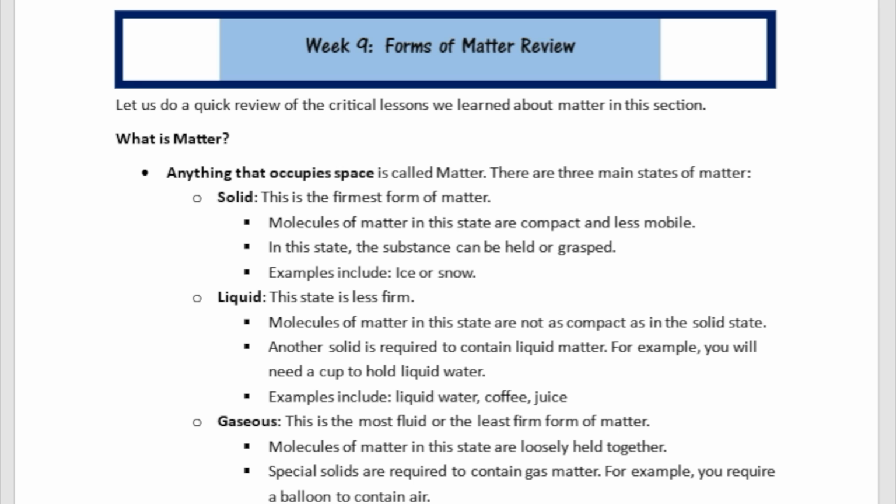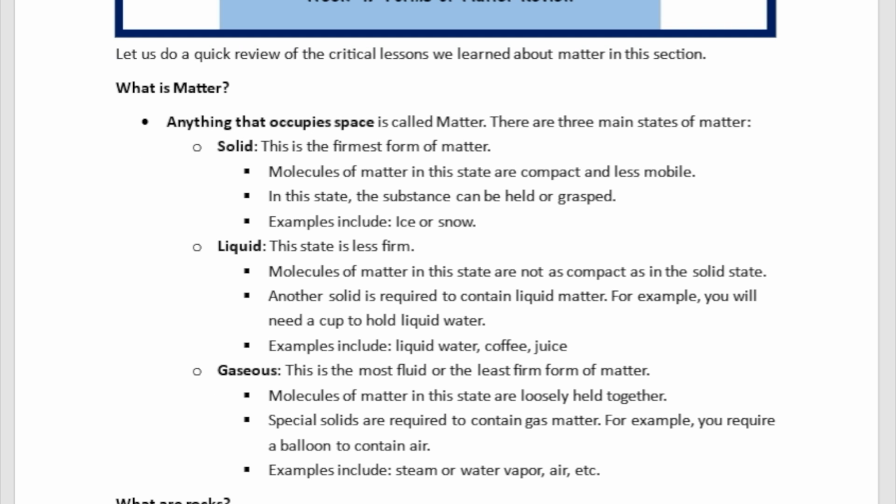Okay, so just a quick overview of what we talked about in this unit of the curriculum. So you have an exercise over here. What is matter? Okay, matter is anything. All right, let's write in complete sentences. Matter is anything that occupies space.